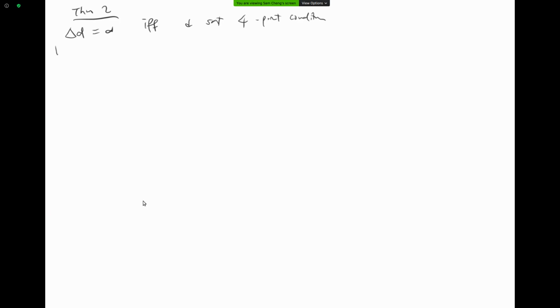So it's an if and only if statement. Let's try to show it one way at a time. Let's show the forward direction: if delta D is equal to D, we want to show that the 4-point condition is satisfied.